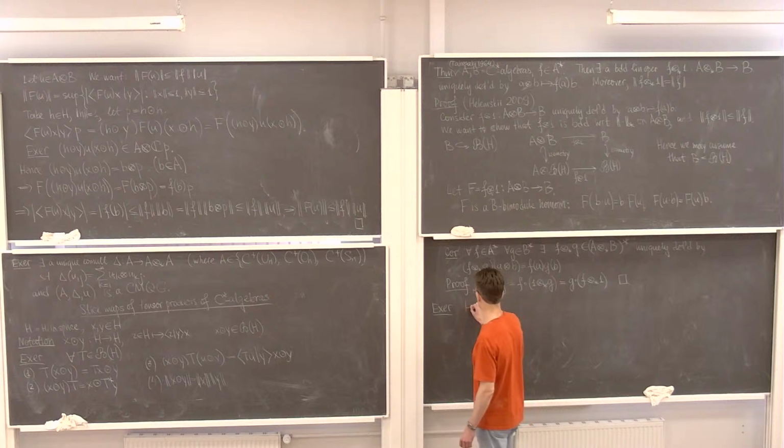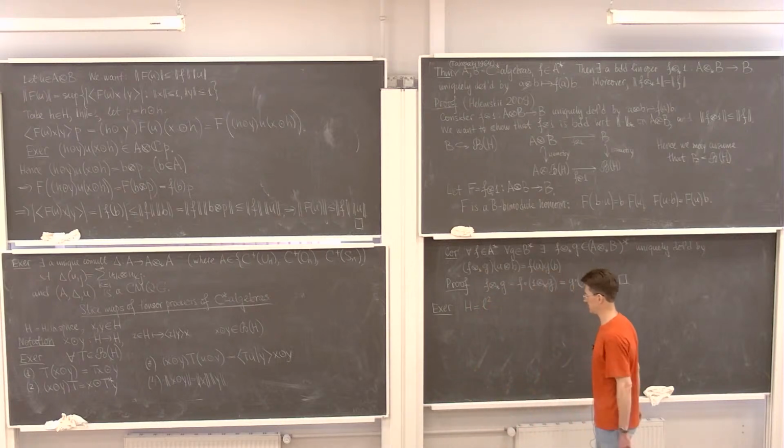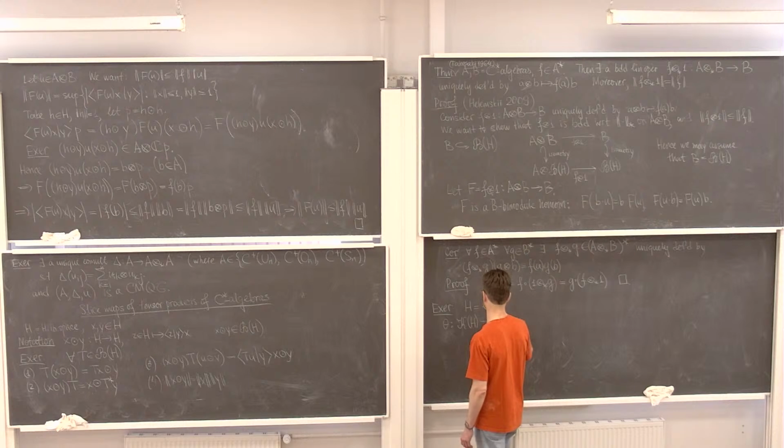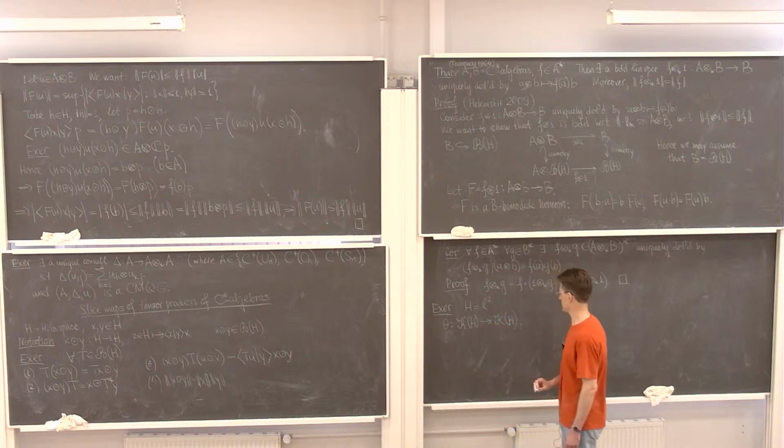Let H be just little L2. So this is an infinite dimensional separable Hilbert space. And then consider the following map, theta, from the algebra of compact operators to itself, which is uniquely determined by the following formula.